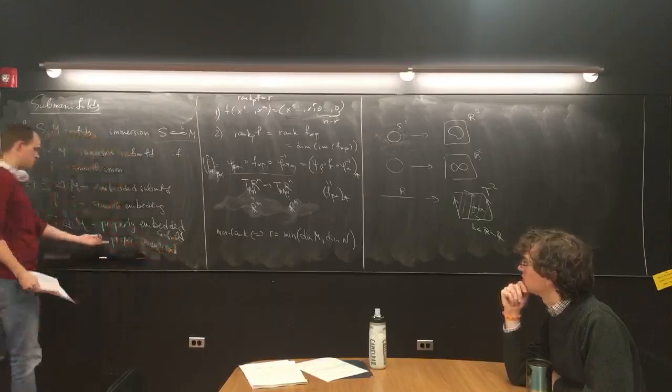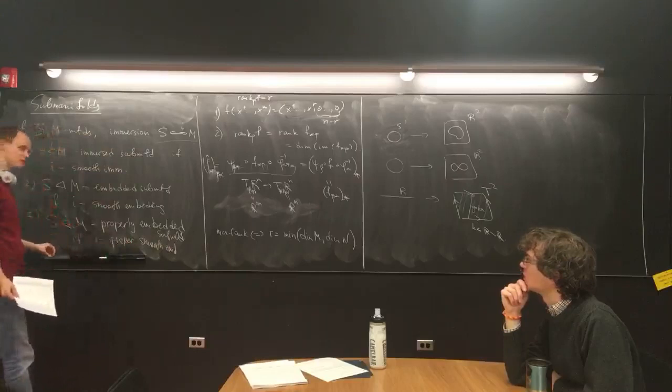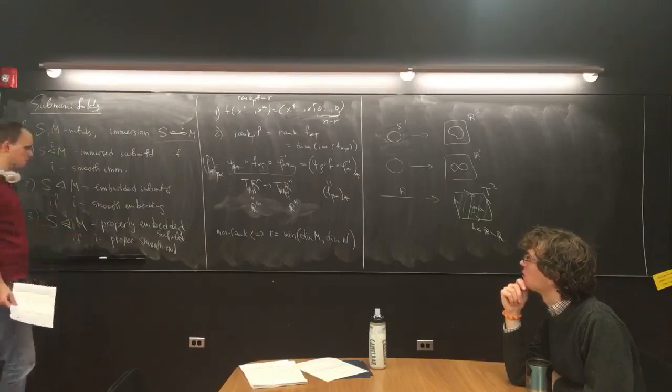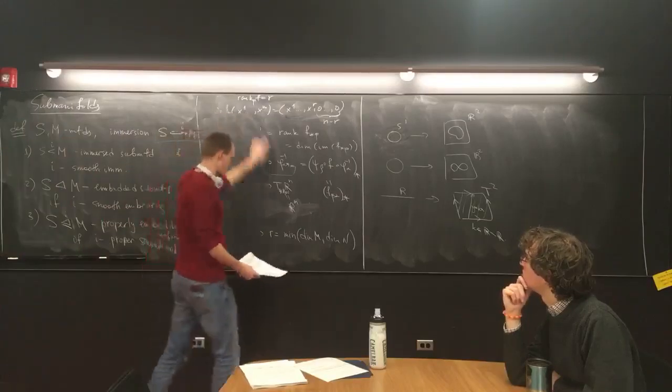So remember, proper means that the pre-images of compact sets are compact. It's an especially nice kind of continuous map.